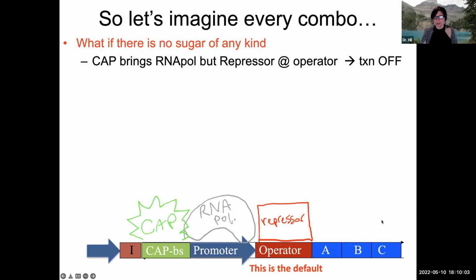Are we getting transcription? Well, it looks like we could, but the repressor's in the way. All right, yes, the RNA polymerase is there, but the repressor's in the way. So are we getting transcription?